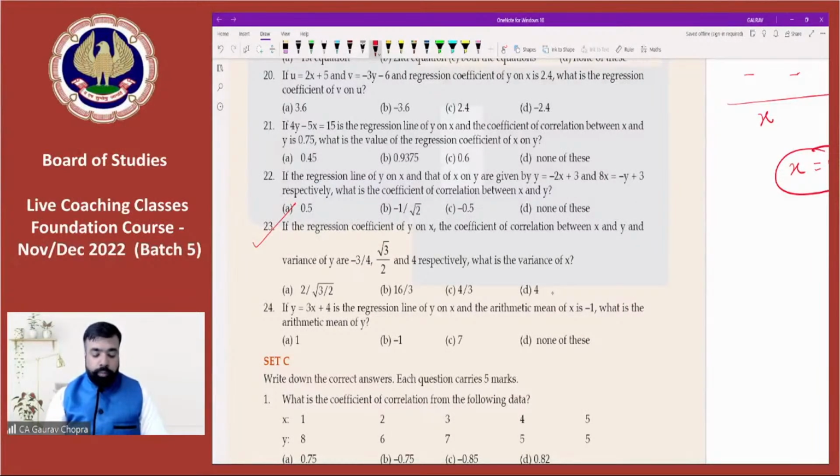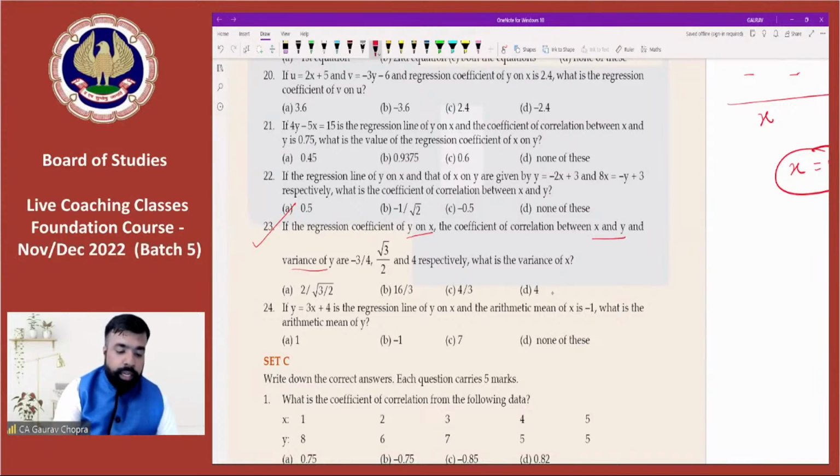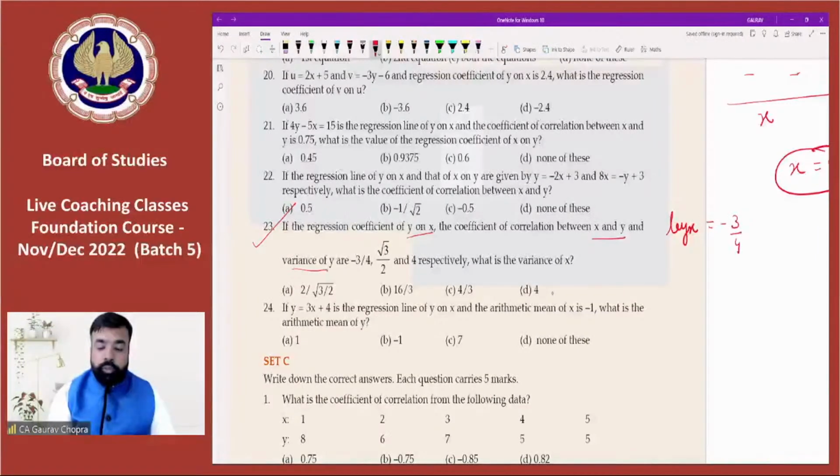So in this question number 23, what is given? The regression coefficient of y on x, then the correlation between x and y, and then the variance of y. So for the regression coefficient of y on x, we will write b_yx is -3/4. Then the correlation is root 3 by 2.